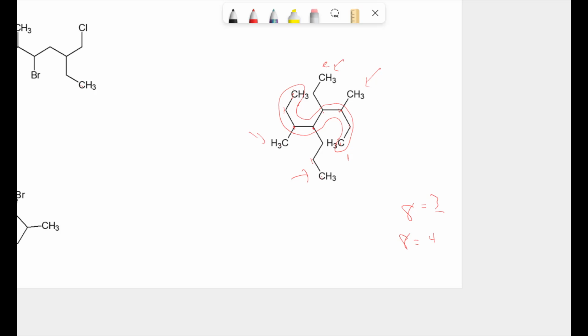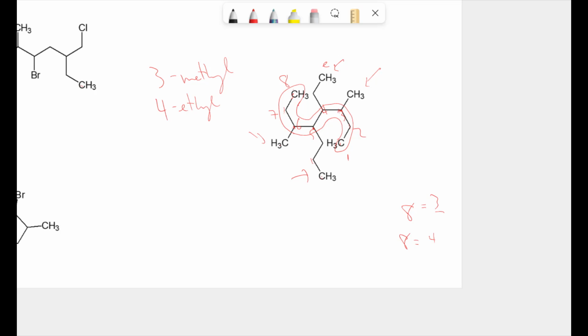So 1, 2, 3, 4, 5, 6, 7, 8. Gotta be honest with you, it's not exactly easy getting around this molecule. In the 3 position, I have a methyl. In the 4 position is an ethyl.